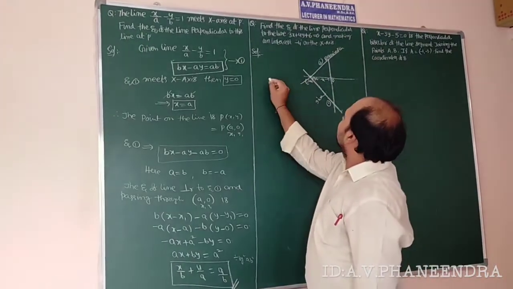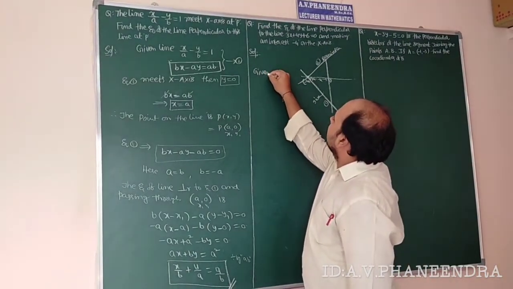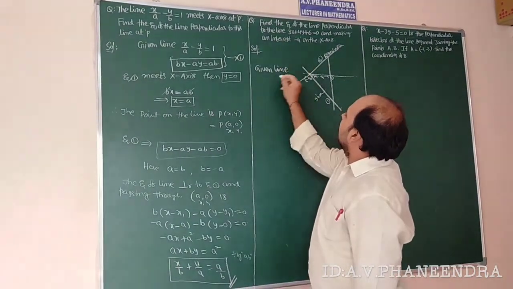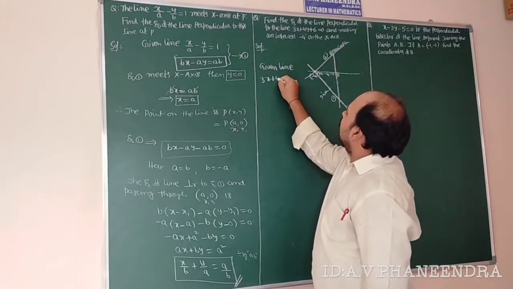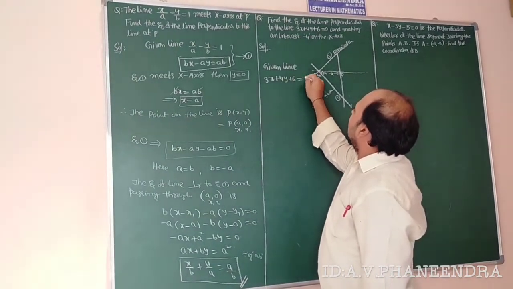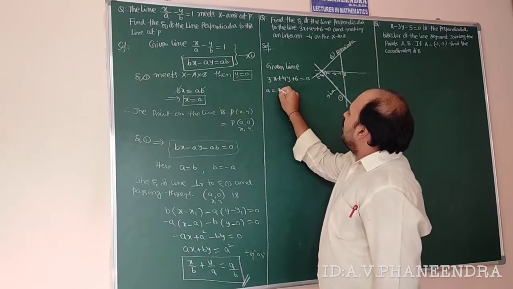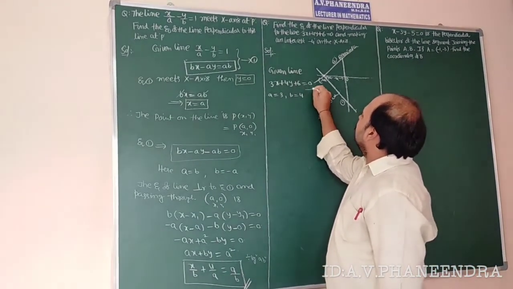So first, the given line is 3x + 4y + 6 = 0. Here a = 3, b = 4.